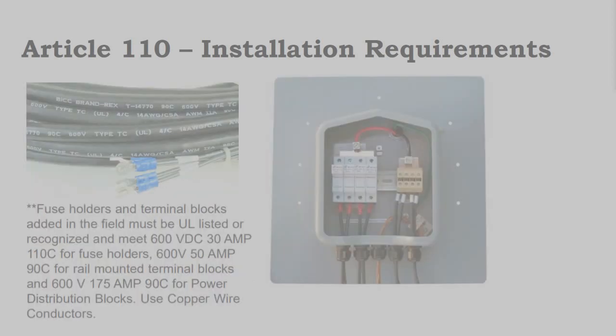But usually what that means is on your balance of system material, on your conduit, on your spec sheets, you're going to see the temperature labels listed and rated for that. And you can find in the solar specialty equipment boxes that have 90C terminals, and they usually cost a little bit more, but that might gain you a smaller wire gauge because of not needing to do the temperature derating calculations for the 75-degree terminal.